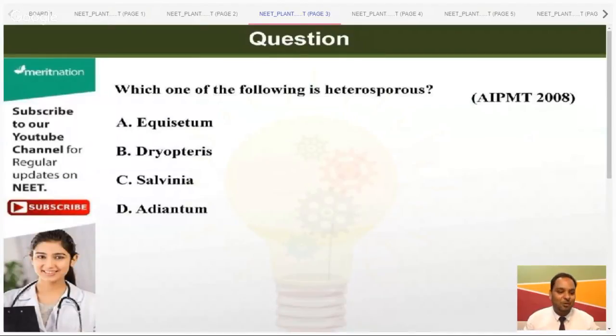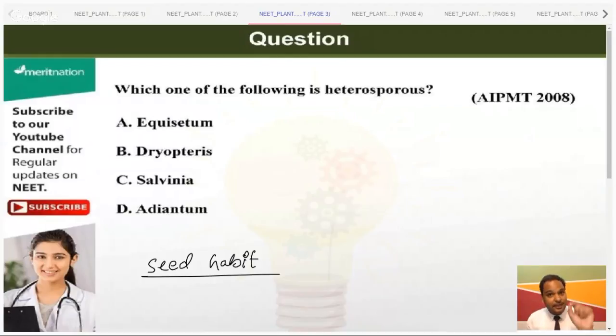It's there in pteridophytes. The habit developed, but they didn't start producing seeds. Are you able to understand? So I'll write it here: seed habit. Where does the seed habit develop? It develops in pteridophytes. The reason being, they have two types of spores.